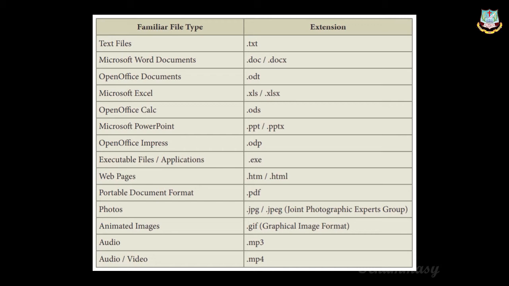PDF means, what is the full form? Portable Document Format, okay? Photos we know .jpeg or .jpg, right? JPEG means Joint Photographic Experts Group, right? Animated images means .gif. What is the expansion of GIF? Graphics Interchange Format, okay? And for audio, it is .mp3, and video means it will be .mp4, right?